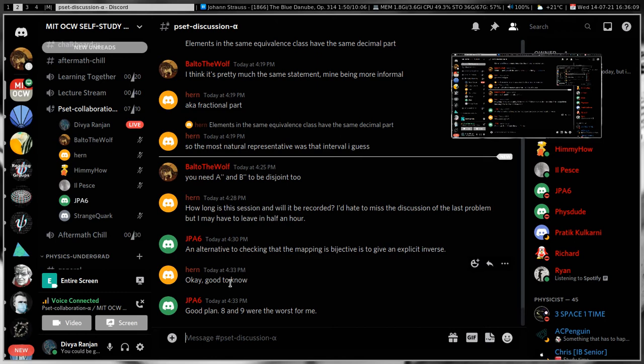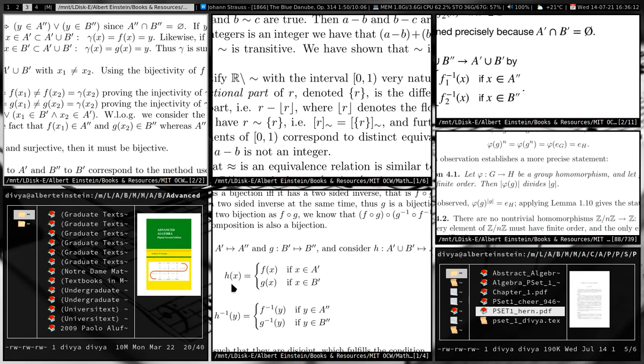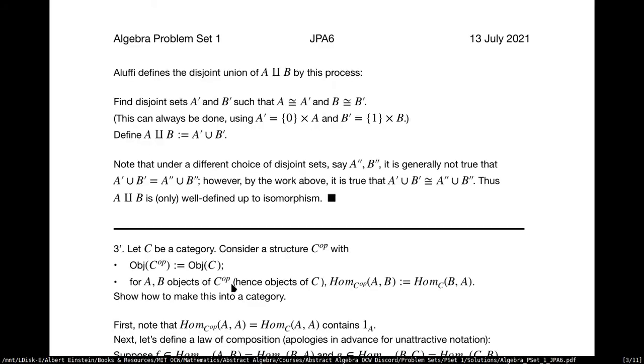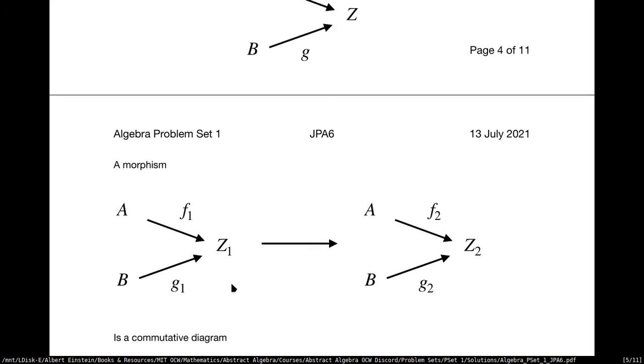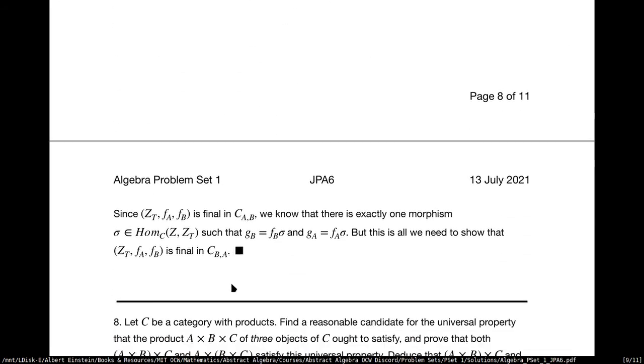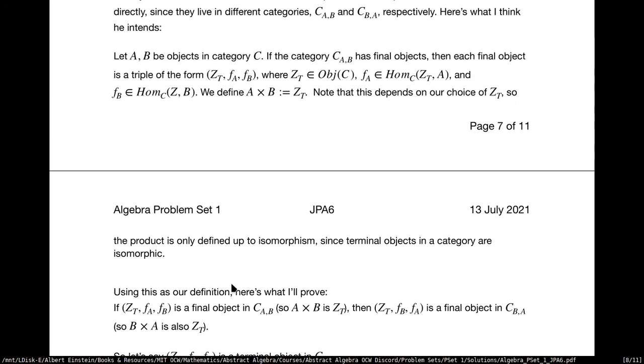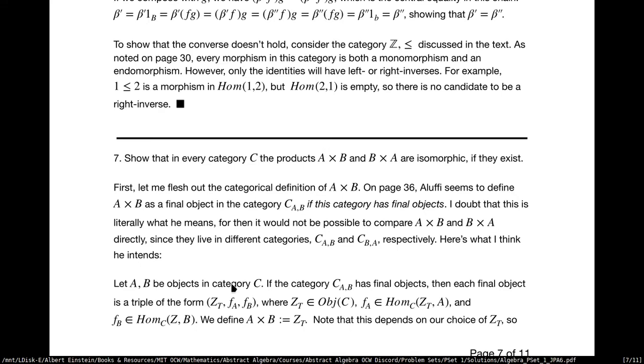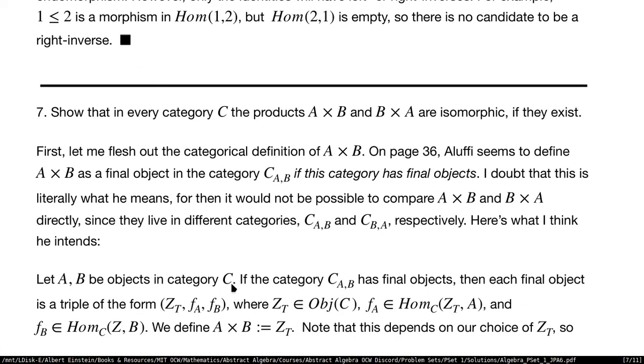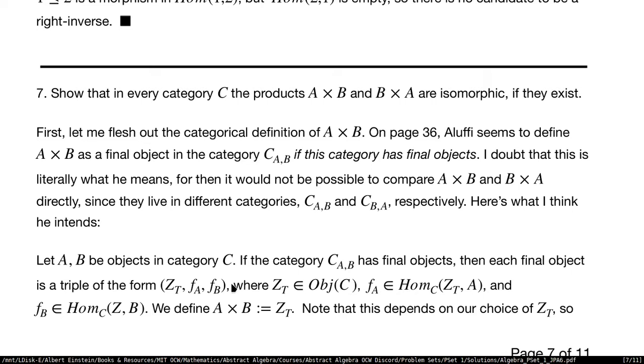I don't know if it's what you're asking, but if you wanted to scroll down to my problem, I have it numbered as 7. I can at least say how I interpreted it. Okay, let's go to that. What's showing at the bottom of the screen is the way that I interpreted the product of the two objects.